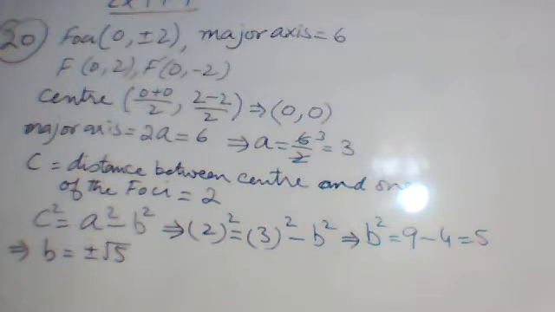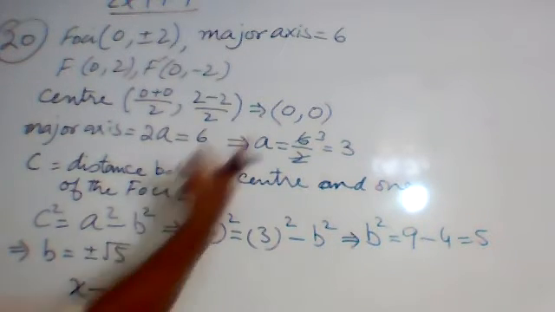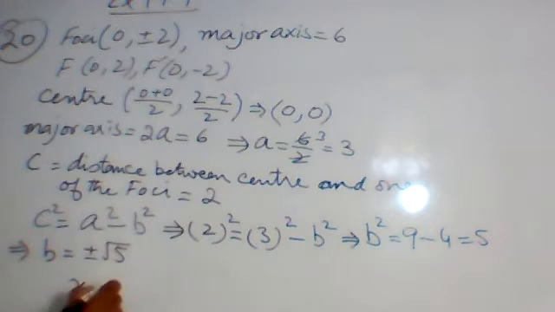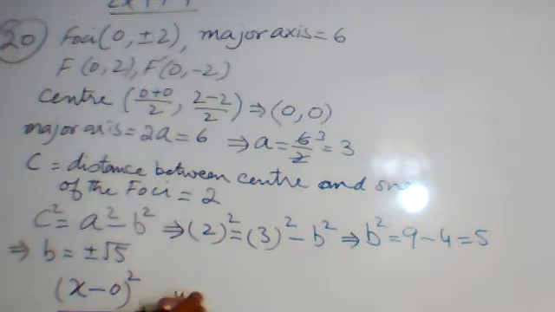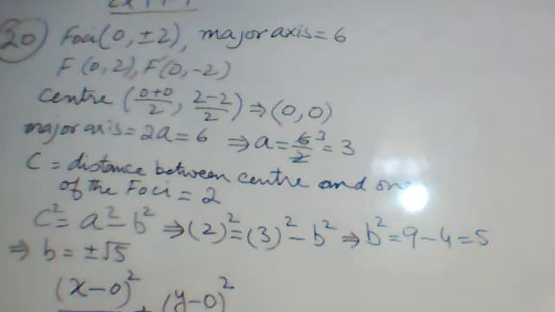Now we'll find the equation. x minus the x coordinate of the center 0 whole square upon, plus y minus the y coordinate of the center 0 whole square upon, equal to 1. This is the standard equation. Now what should be under x square and y square?